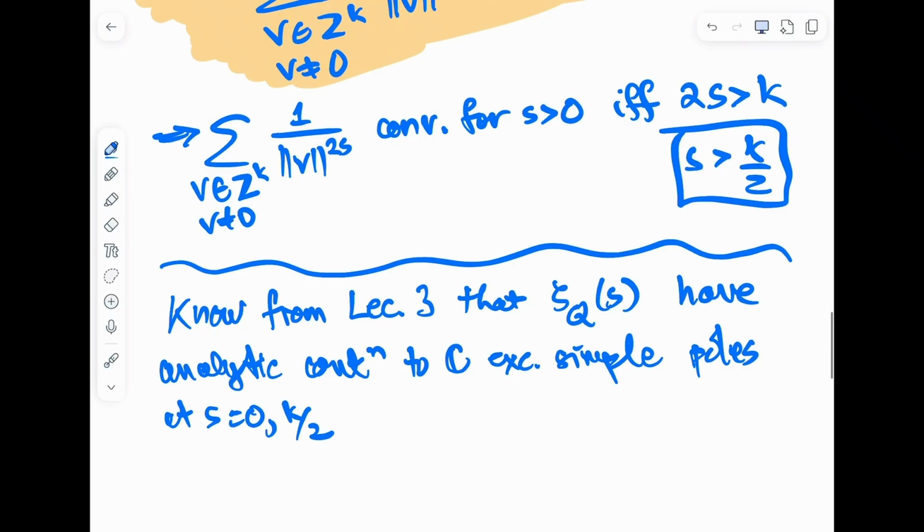And there's some equation connecting the zeta function for the quadratic form Q and the zeta function for the other one, Q star, which has the inverse matrix to the one that defined Q. So, so what?